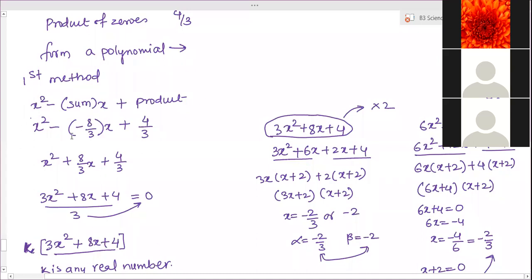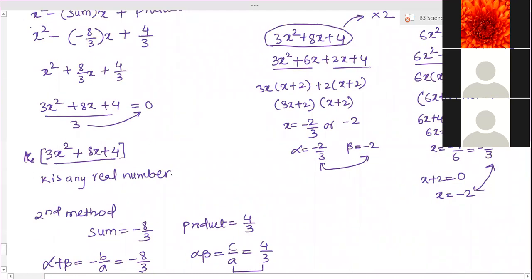In the first question, the sum is given as -8/3 and the product is 4/3. So you substitute and simplify: x square plus 8/3x plus 4/3, and then take LCM. So it will be 3x square plus 8x plus 4. The division by 3 is of no use, so you have to leave that denominator. But you have to multiply with k outside.